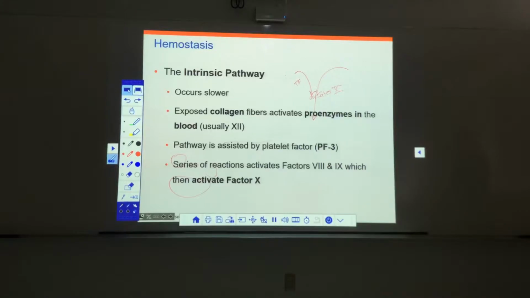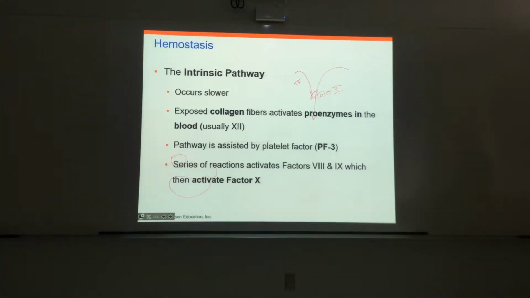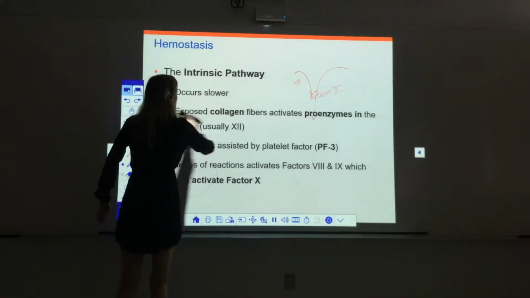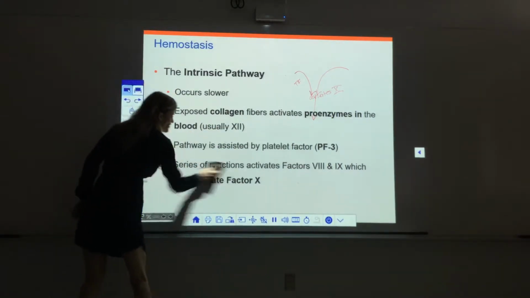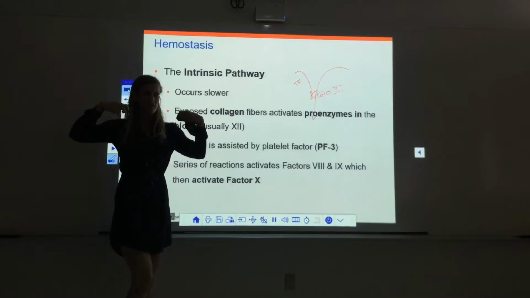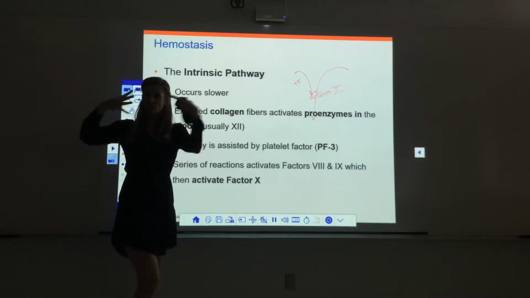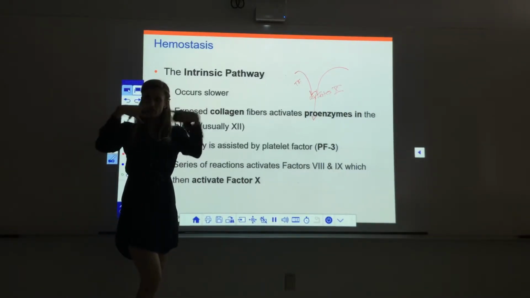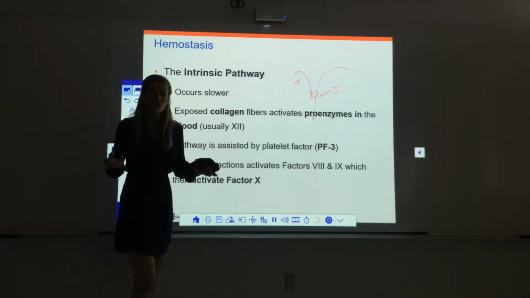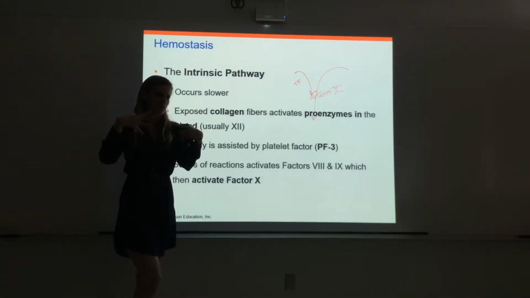The intrinsic pathway is a bit slower of a pathway, but leads us to the same place. The intrinsic pathway occurs when those exposed collagen fibers, remember I said whenever we tear a vessel, some of the rebar structure sticks out, right? Some of those collagen fibers are exposed and they stick out. Well, that lets the body know there's a problem. The collagen fibers should not be exposed like that.